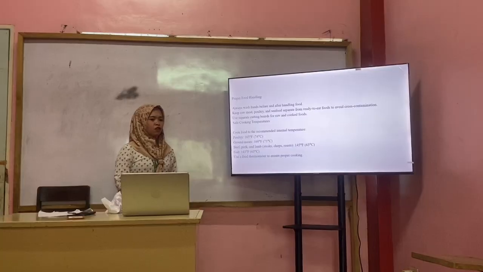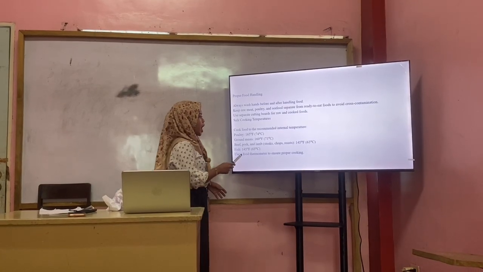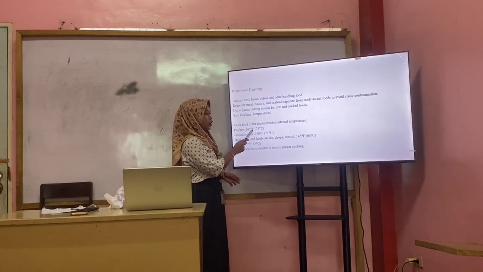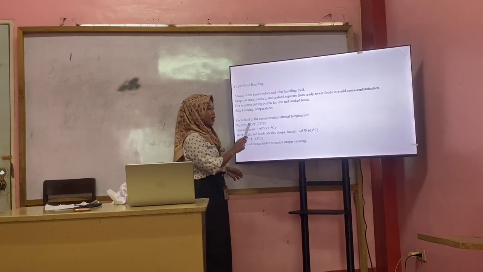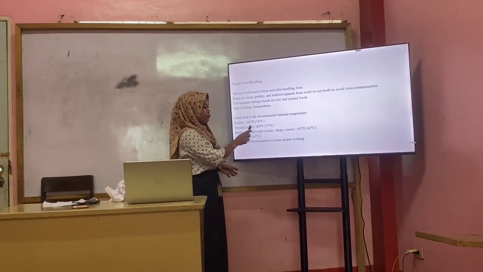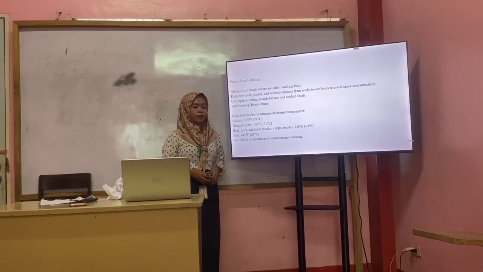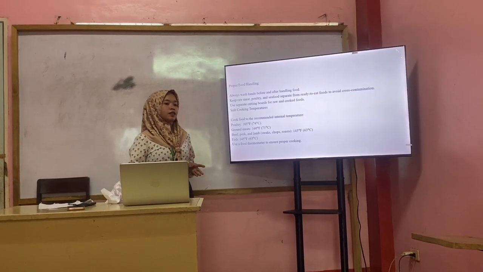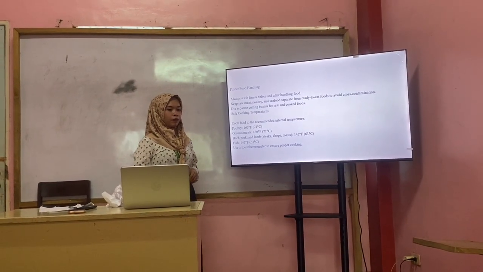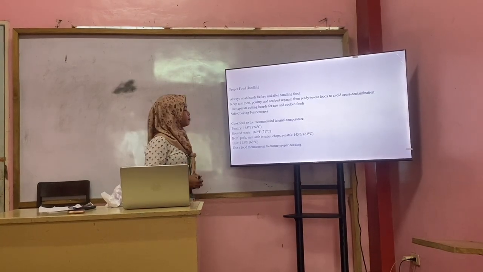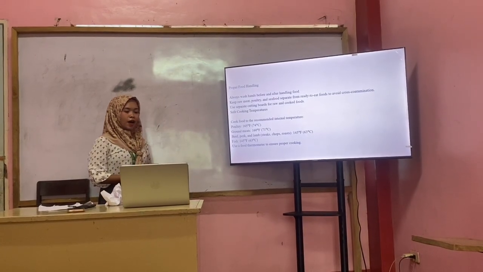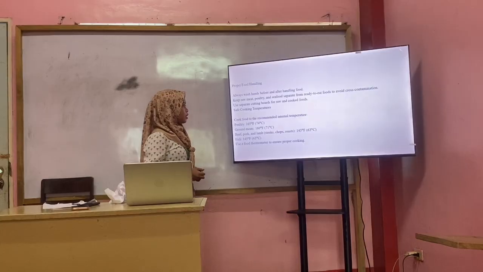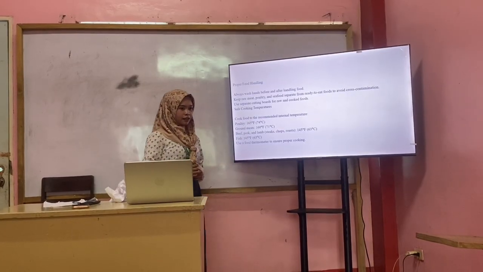Okay, let me ask you, how can we get the Celsius if the degrees in the instruction are Fahrenheit? Anyone from this class? We already tackled this in our previous topic. Yes, Jessica? Oh, your answer is from Celsius to Fahrenheit.